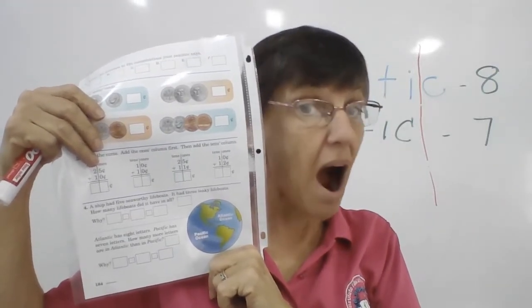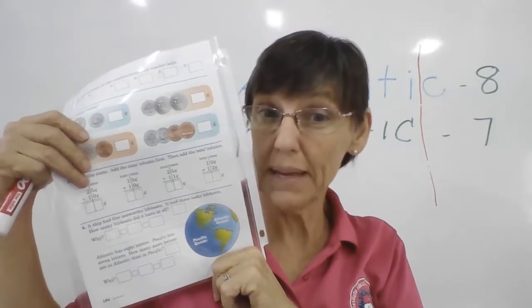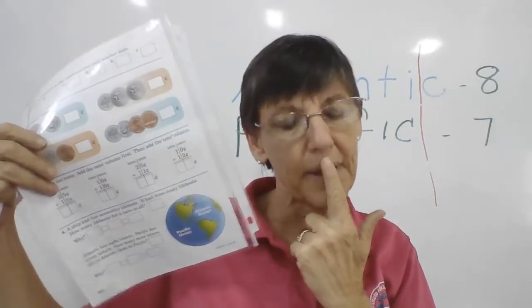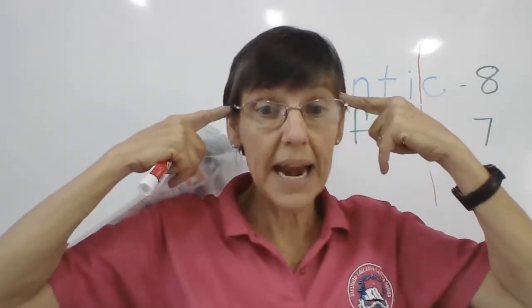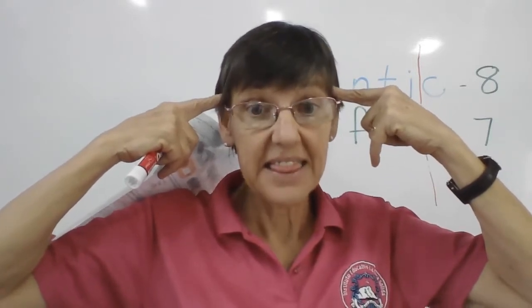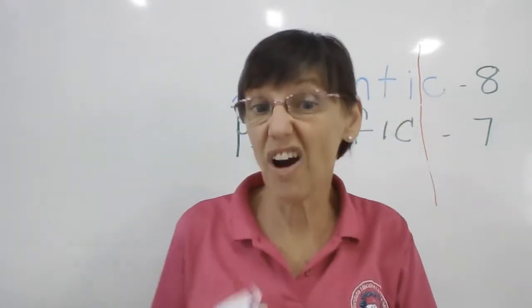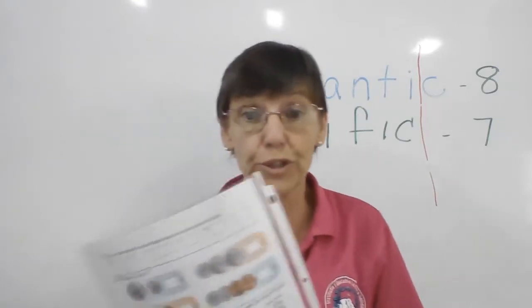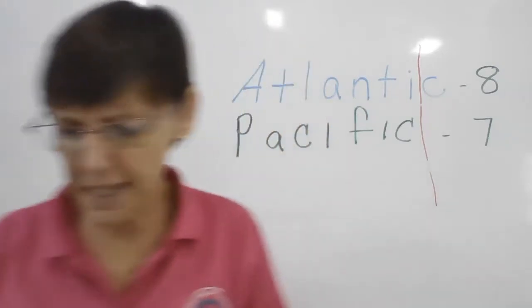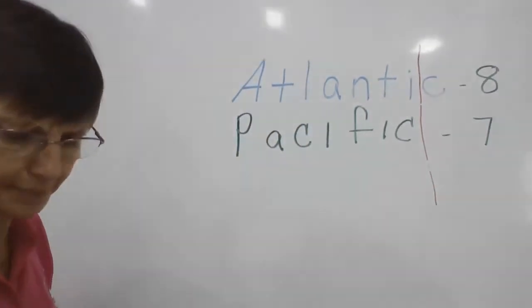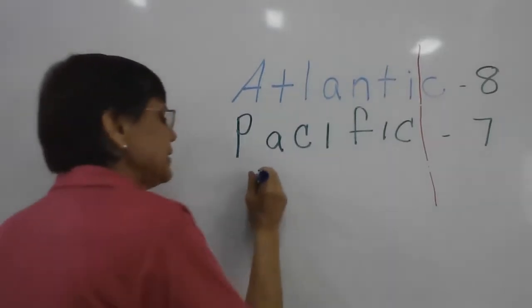Is it gonna be más? Is it going to be menos? We need you to use your brain and think. Think. This is our thinking question for today. What would your number sentence look like? Right?